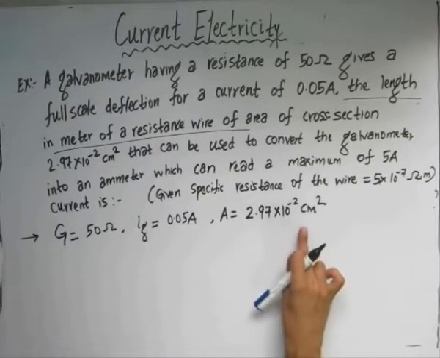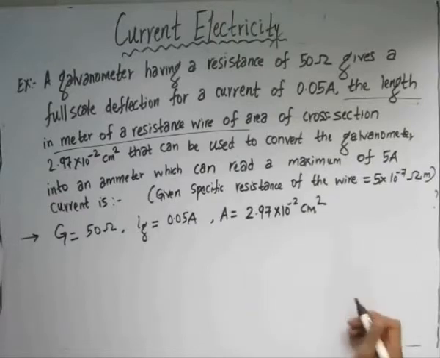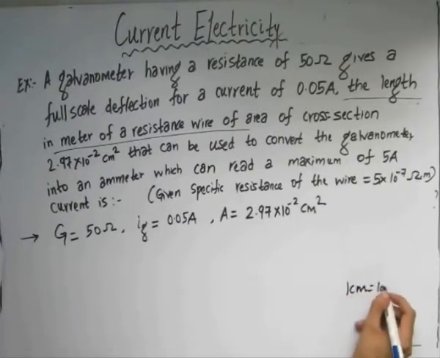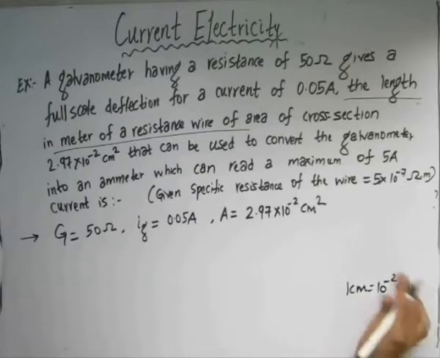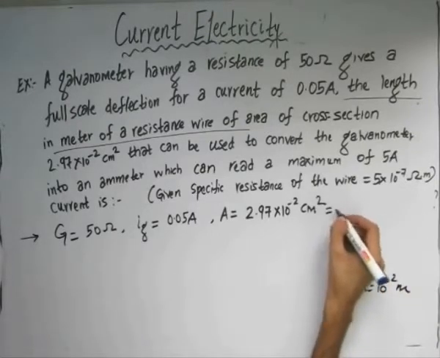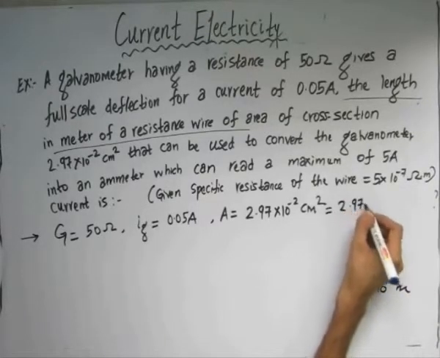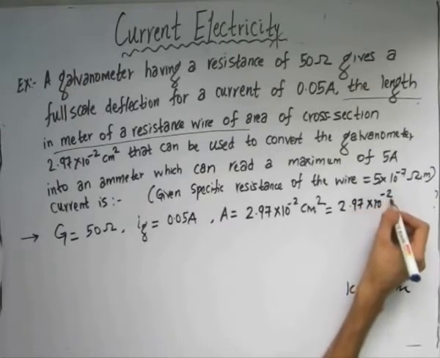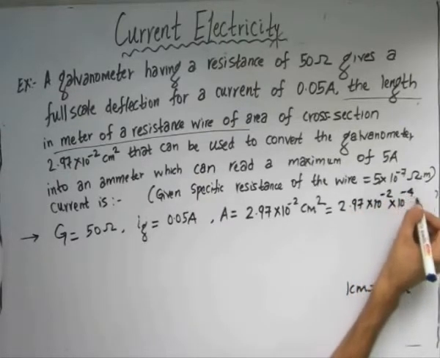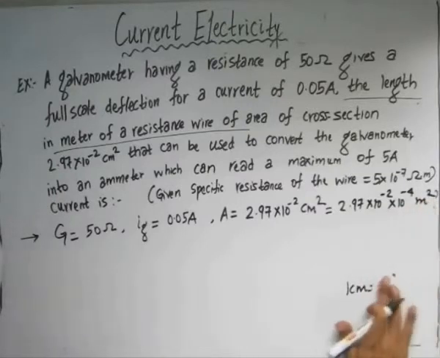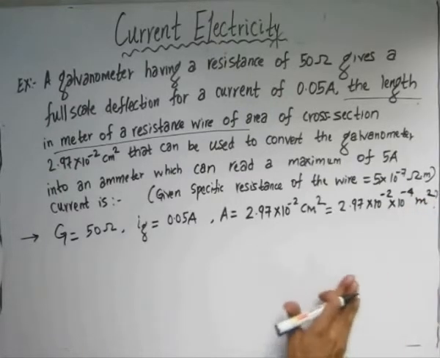In order to convert centimeter into meter, we have the conversion 1 centimeter is 10 to the power minus 2 meters. Following this conversion, we can write the area of cross section in meters as 2.97 into 10 to the power minus 2 into 10 to the power minus 4 meters square. So this is the area of cross section which is given to us.